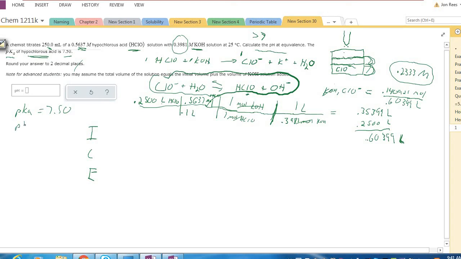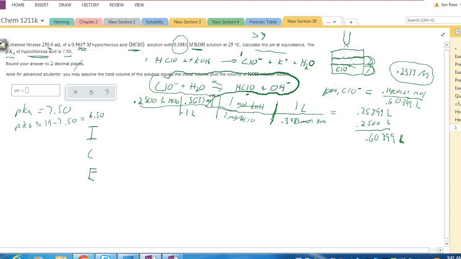So the pKb equals 14 minus the 7.50, which is the new pKb equals 6.50.